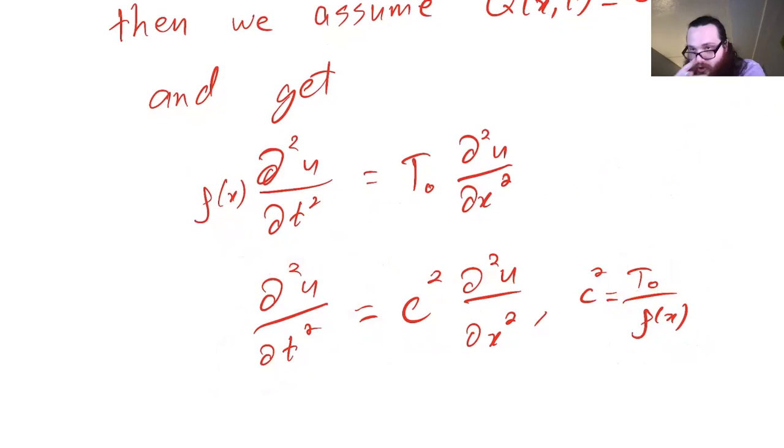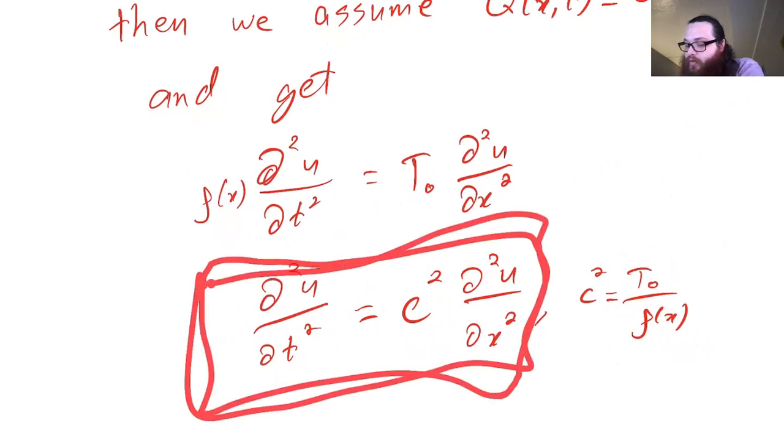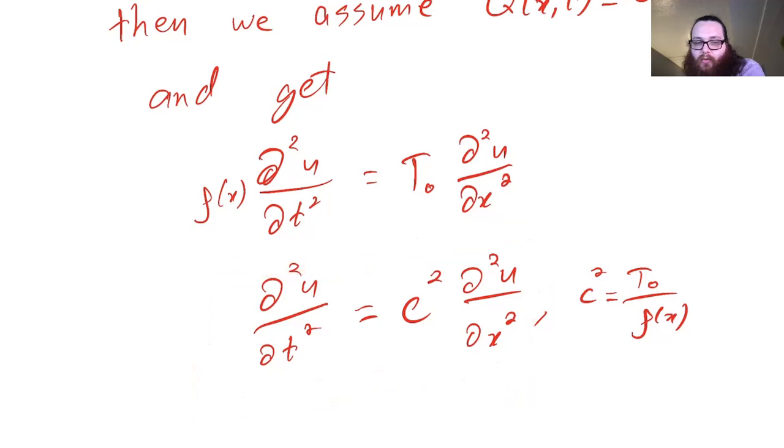So if your string has a uniform mass density, rho will also be constant, and in that case, this will be constant. But otherwise, this is the form of the wave equation that we had way up top. And that's how we get the wave equation from Newton's law of motion.